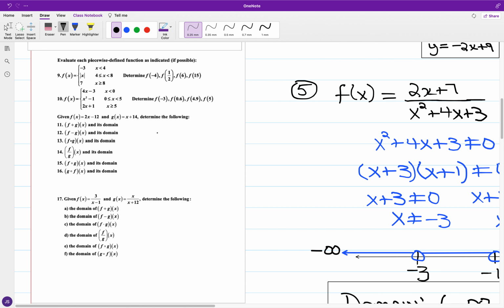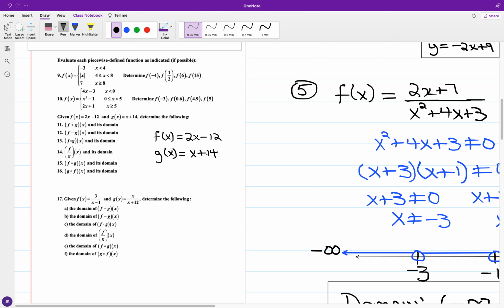And I'm going to write these down. So we have f of x is equal to 2x minus 12, and for g of x, g of x is equal to x plus 14.